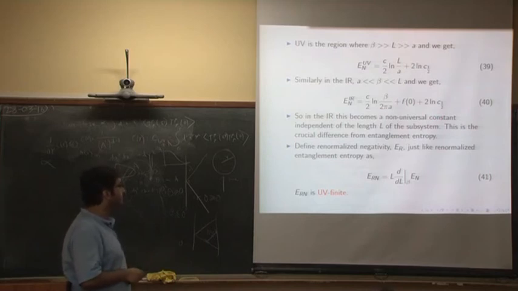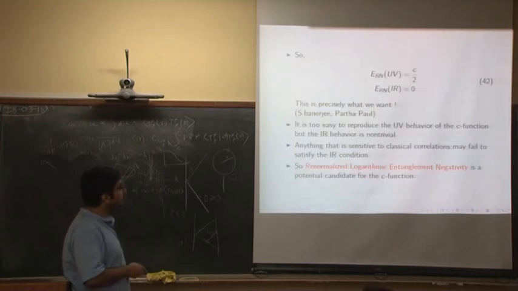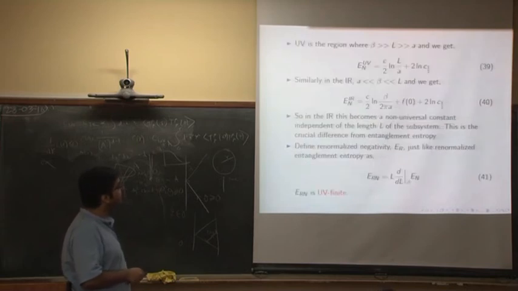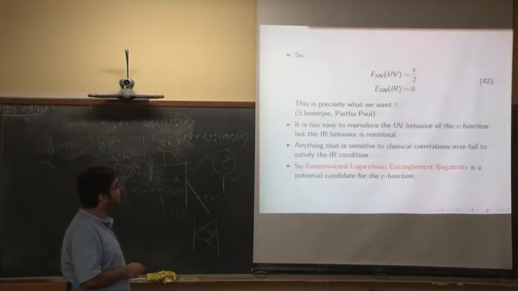the trick is simple. If you define this renormalized logarithmic negativity in this way, then it's a UV finite quantity, and it is clear from here that if you differentiate with respect to L, the renormalized entanglement negativity will have the ultraviolet value C/2 and the infrared value 0, and this is precisely what we want.